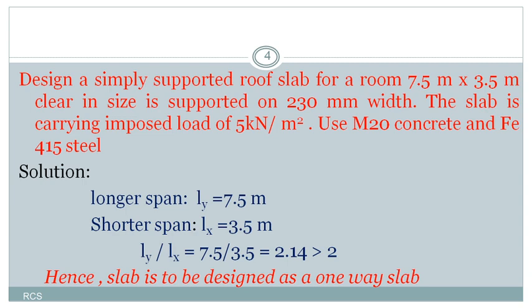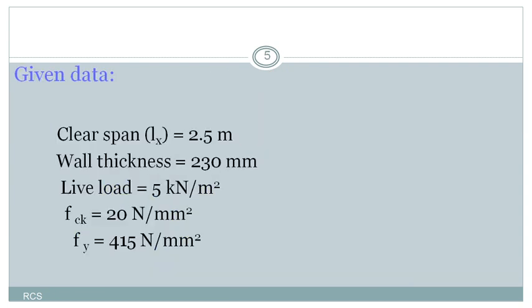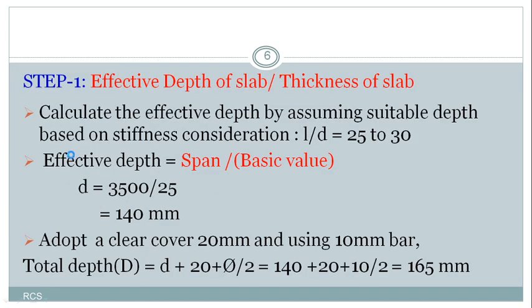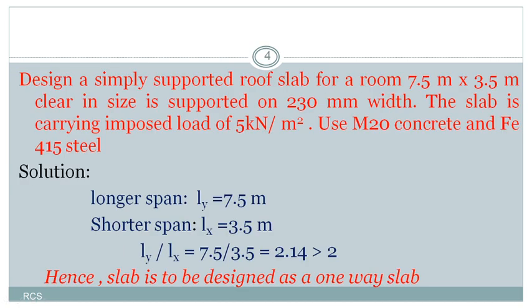For that we have some steps. We have to follow these steps to design a simply supported one-way slab. These are the given data. In the problem he has given two dimensions, Lx and Ly. Generally, for calculating the effective length of the slab, as we are designing a one-way slab, our maximum concentration has to be on the shorter direction of the slab only.